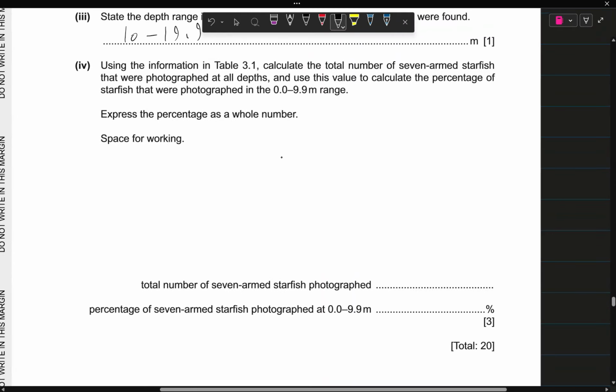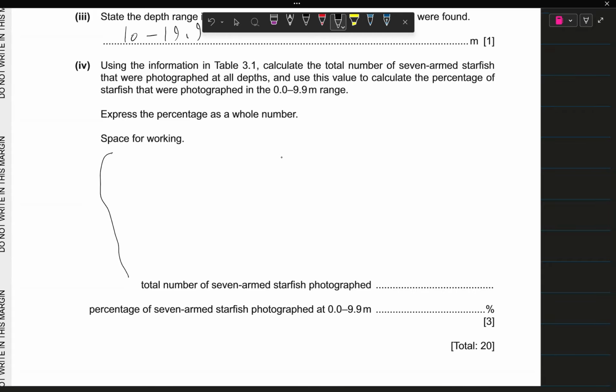Now for the last question, using the information in table 3.1, calculate the total number of 7-armed starfish that were photographed at all depths. Then use this value to calculate the percentage of starfish that were photographed in the range of 0 to 9.9. Express the percentage as a whole number, and then you have a space for working here. So they want it for all of the depths, right?